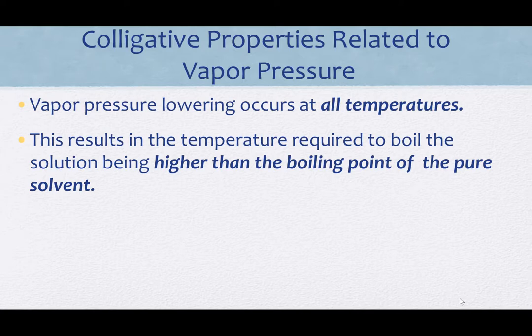So in order for that substance to freeze, we're going to have to do some extra work. We're going to have to take those solute particles, move them aside, and then freeze our substance.